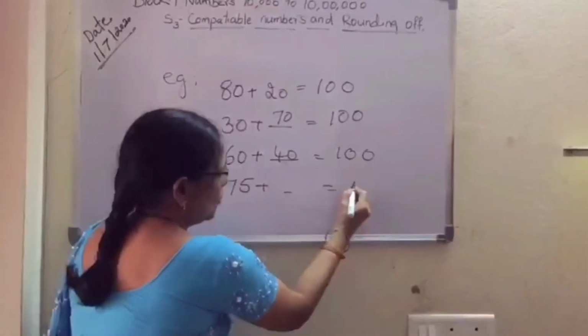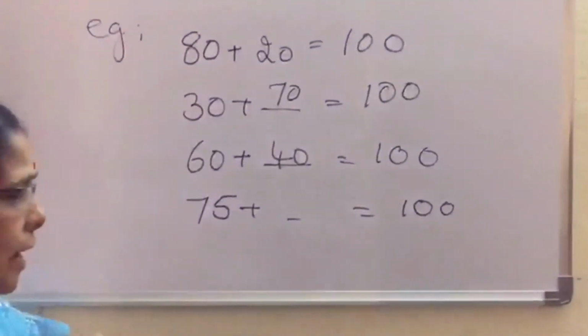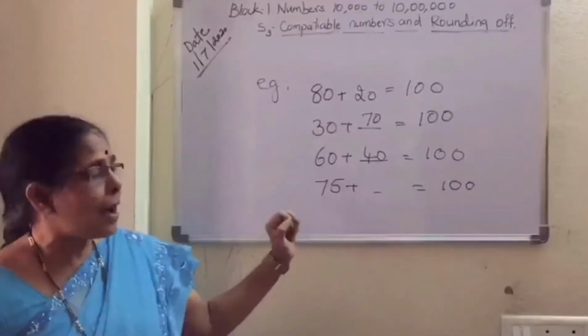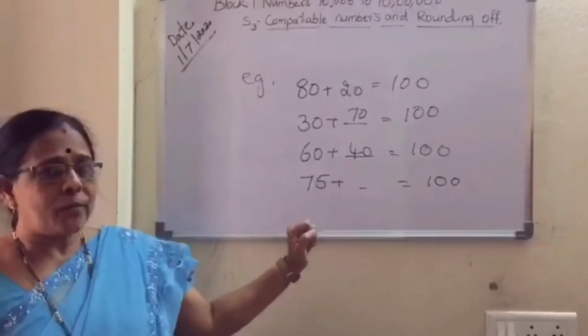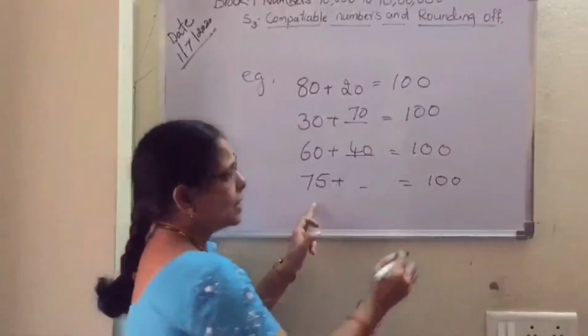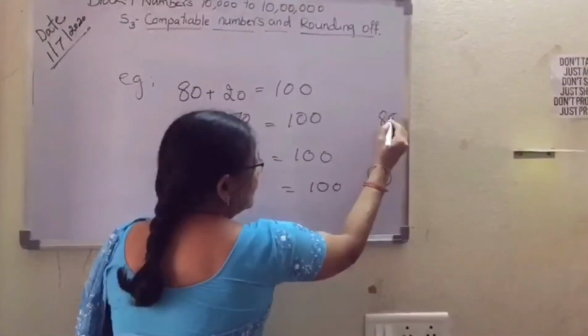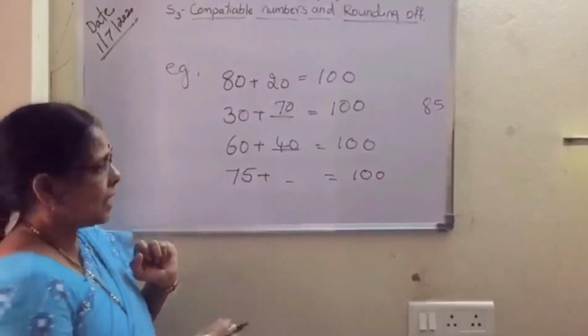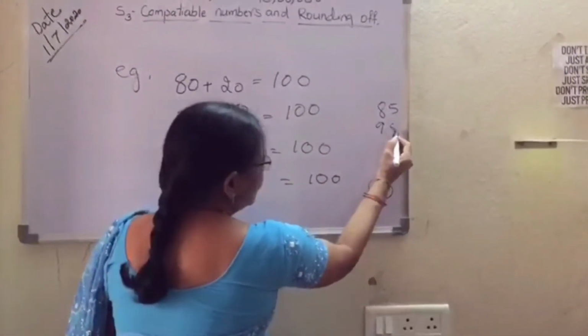Okay children, now I'll take 75. Children, it is confusing, no? We have 75. How many do you need to make 100, children? Don't get confused. 75 is there. Next, 85. 75 to 85, 1 ten. 85, 95.